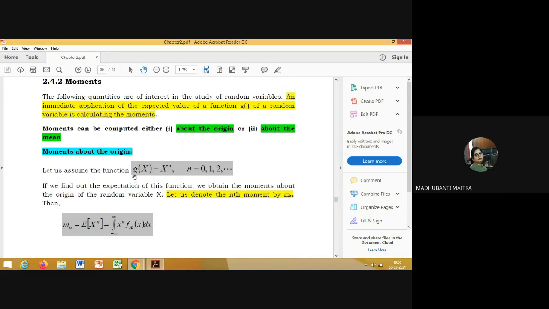So if we define the function of the random variable in this manner, x to the power n, n greater than or equal to 0, then if we can compute the expected value of this function, that particular expected value will be called the nth moment of the random variable about the origin. Clear? Yes, ma'am.